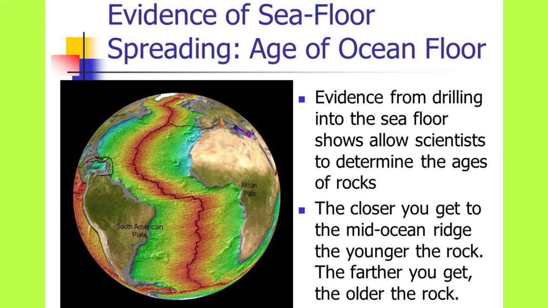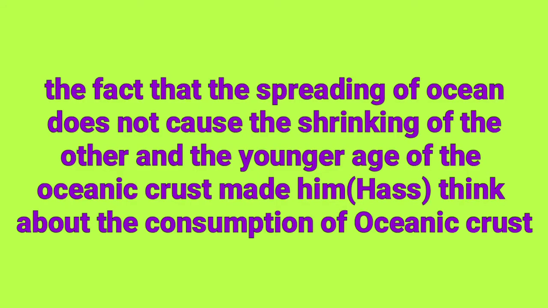The fact that the spreading of one ocean does not cause the shrinking of the other, and the younger age of the oceanic crust, made him think about the consumption of oceanic crust. He also mentioned that the ocean floor that gets pushed due to volcanic eruptions at the crest sinks down at the oceanic trenches and gets consumed.